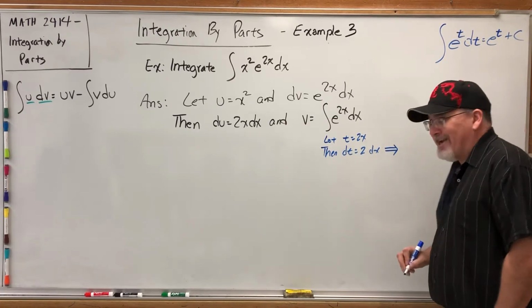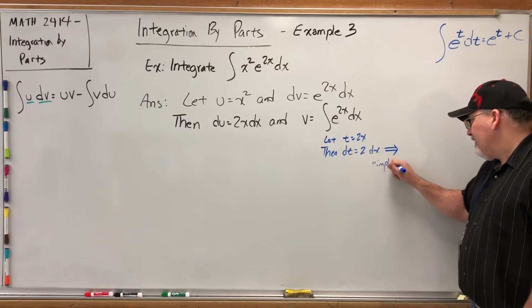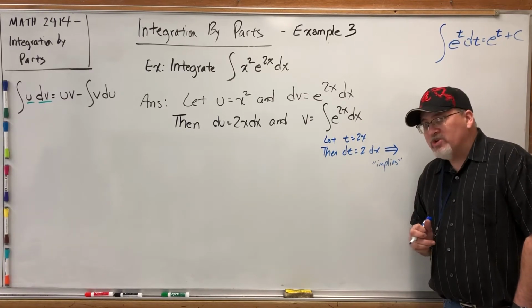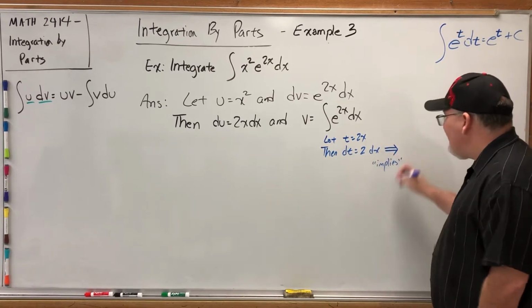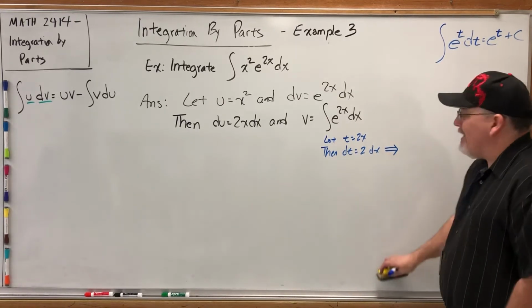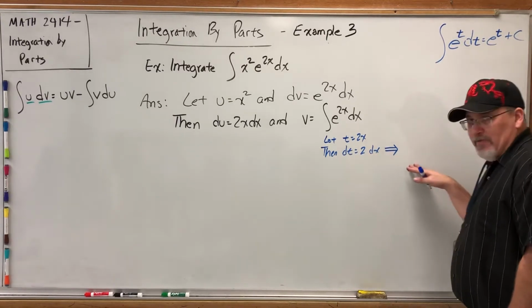It's a double-lined arrow. It's a symbol for the word implies. It's kind of like an equal sign that you can stick between equations. It would be wrong to put an equal sign here and write what happens next, but I will probably be writing that arrow often from this point forward, saying that this equation implies the following.